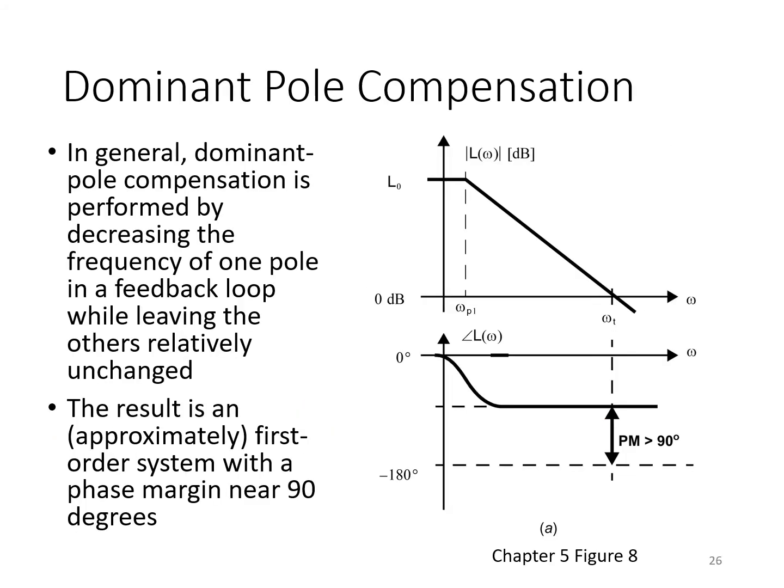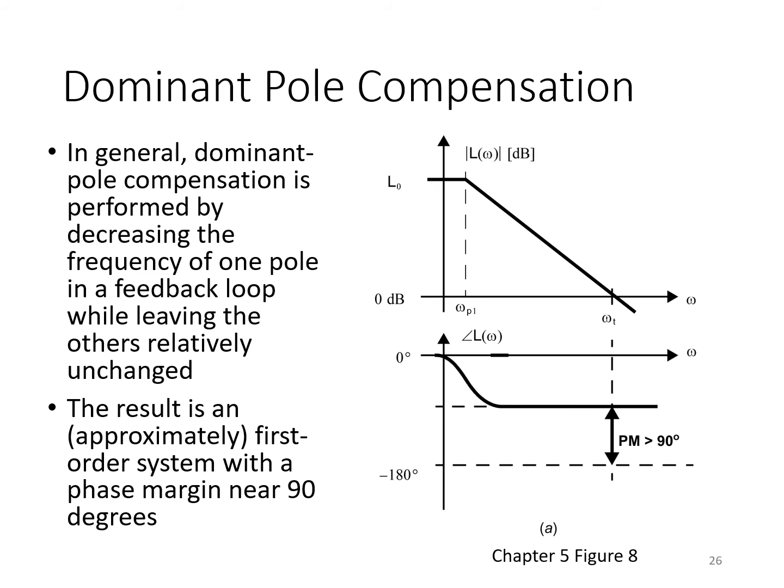And this brings us to a quick review of feedback compensation. So in general, compensation is the process of modifying by design the frequency response of L so that a desired specification is met.